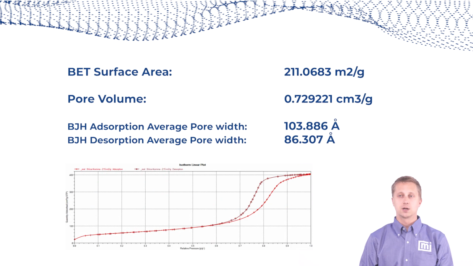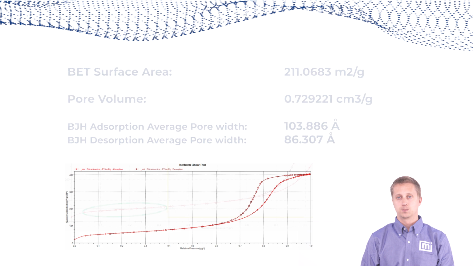In summary, for silica alumina, we saw that we had a BET surface area of 211 meters squared per gram, a total pore volume of 0.73, which was calculated close to saturation when P over P naught is close to 1. We had a BJH adsorption average pore width of 103 angstroms and a BJH desorption average pore width of 86 angstroms.